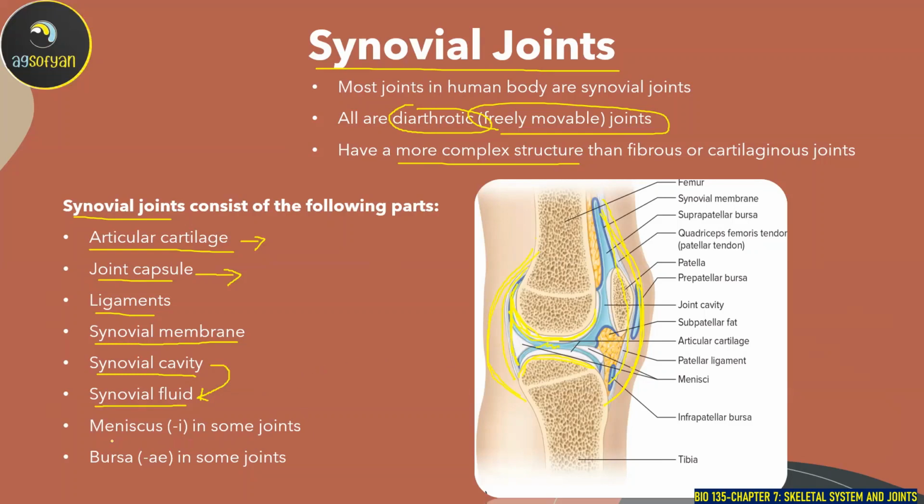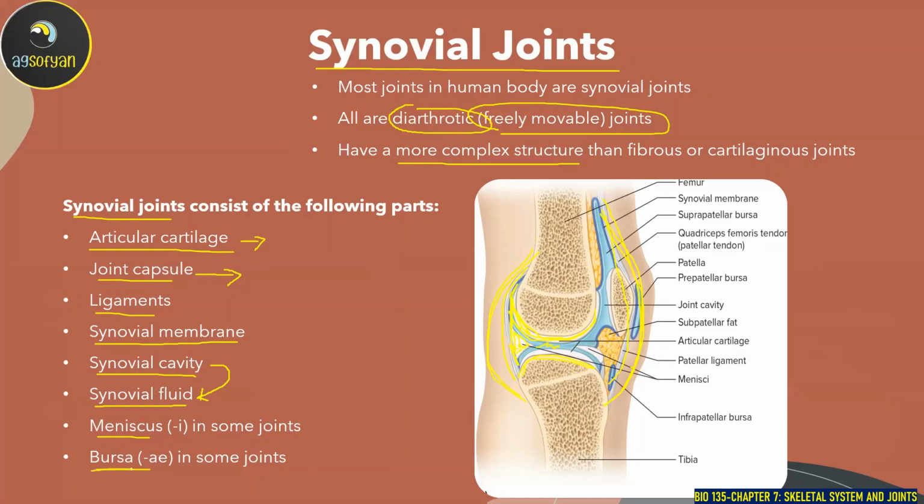There are some other components. In some joints, there is a meniscus, which is cartilage that gives shape to the joint.